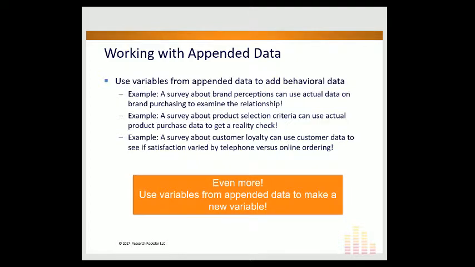So we can look at the different variables we're getting about actual purchases to see whether or not certain behaviors or certain attitudes are indeed predicting certain behaviors over time. And if you want to get really fancy, there's some really cool ways you might even create new variables. So you might take some of your existing variables from a survey and some of the new variables from appended data to create new variables.